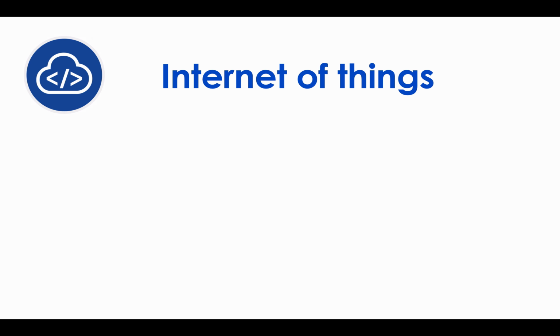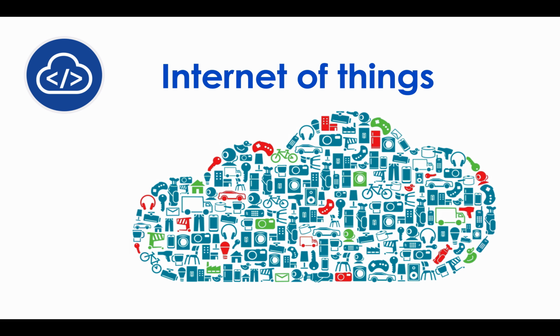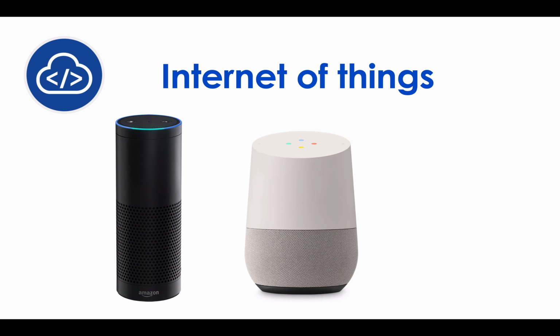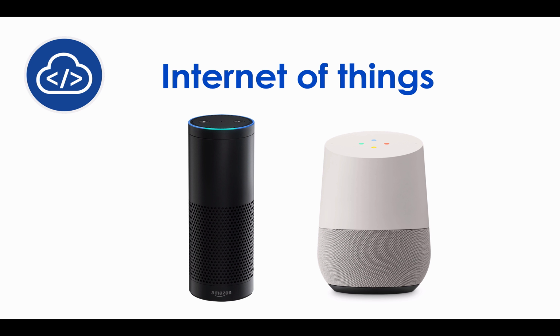Let me take a couple of steps back. As of today, there are 4 billion connected devices in use, which includes your mobile device, Amazon Home, Google Home, along with your bulbs, your speakers, and everything else.